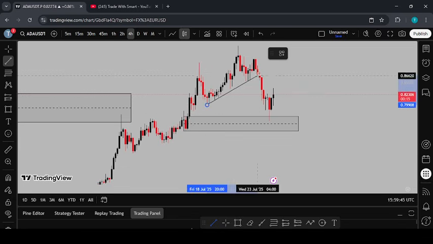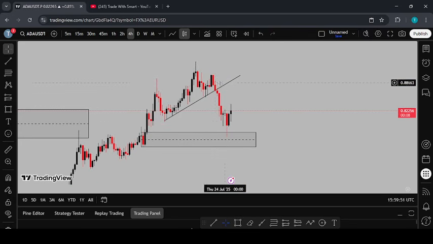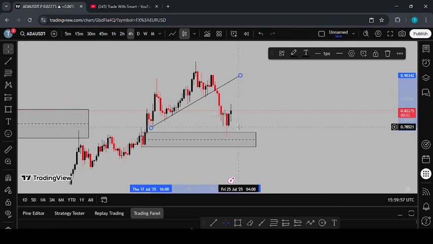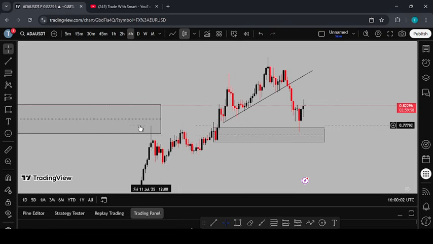Trend line moving up, right? This trend line has been taken out. When price tapped into this zone, it rejected and took out all the trend line liquidity. Then it tapped into a bullish order block and we saw that rejection, which also corresponds to regions on higher time frame.